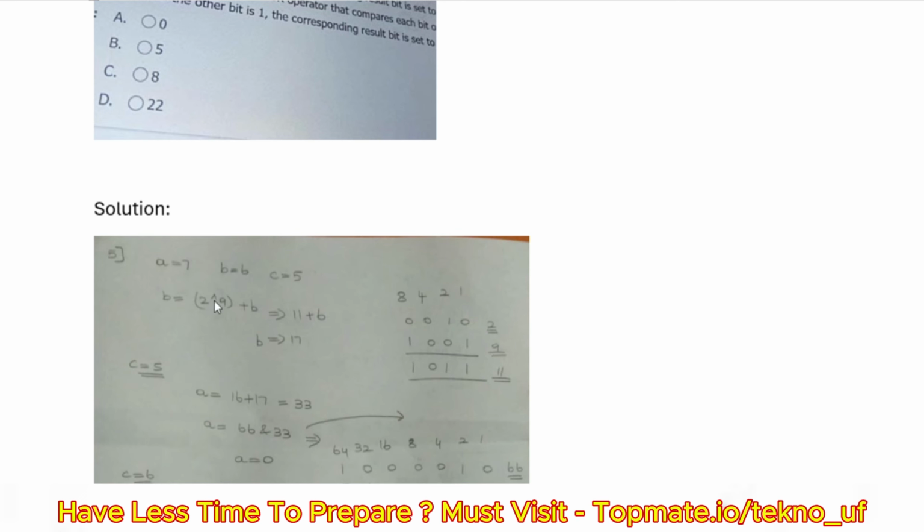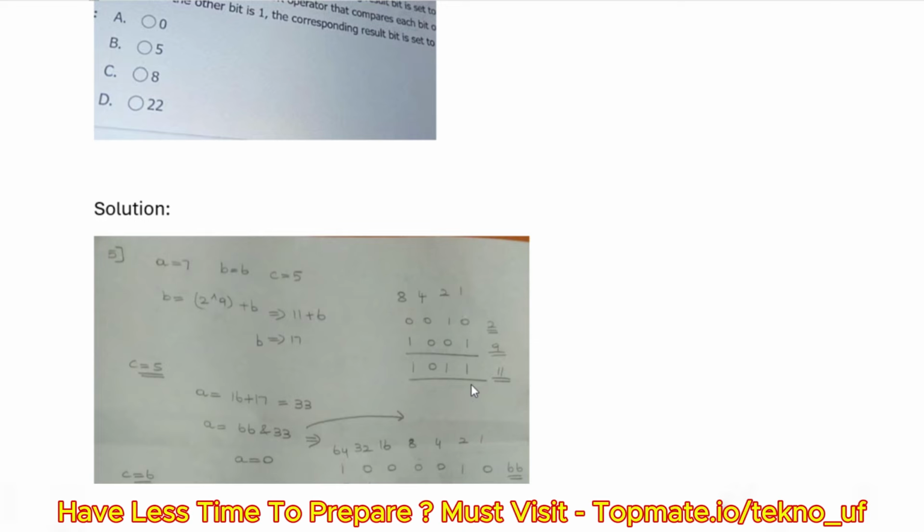We need to evaluate this thing. In an XOR operation, I have already said, if we have different inputs, we will get true as output, or else we will get 0. So it will become 1011.